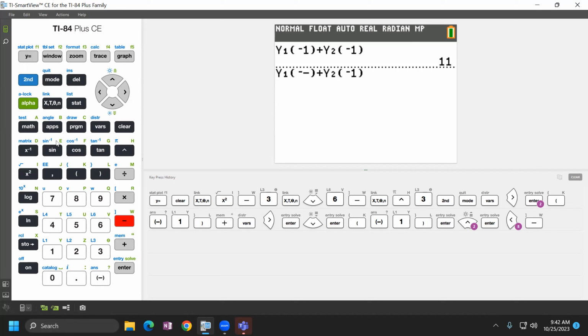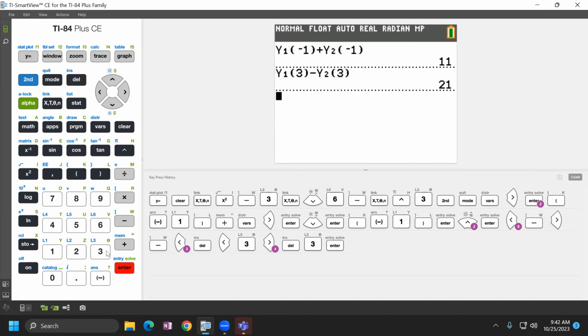I went too far with the minus, that's okay. We're going to evaluate this at 3. So I'm just going to change this to 3. And it might have been just as easy for me to type it in. And, you know, maybe that's faster than going in there and finding the variables. I don't know. And I got 21.